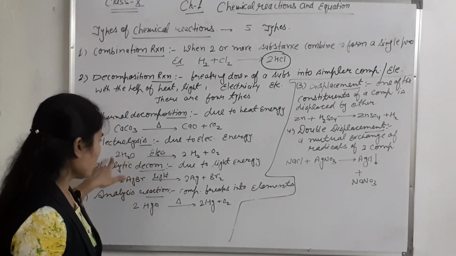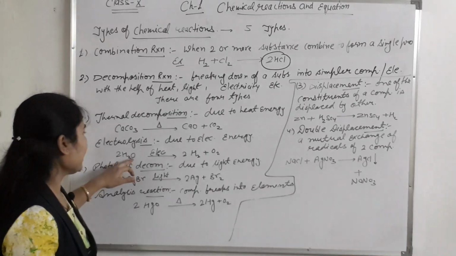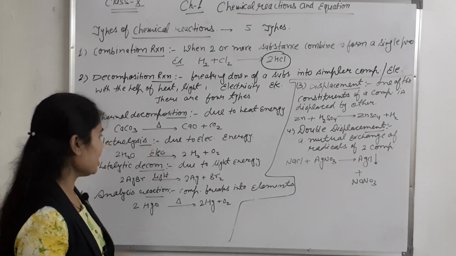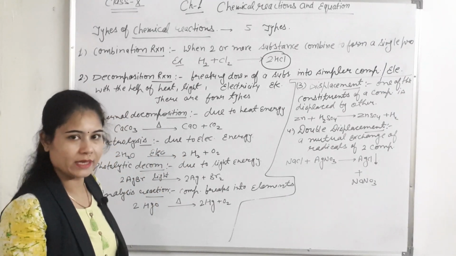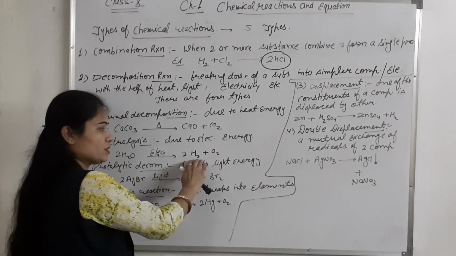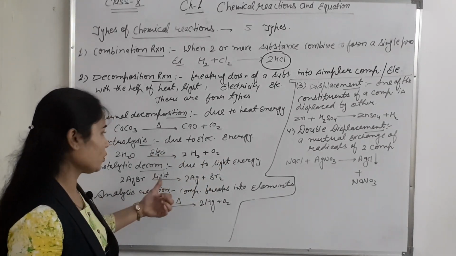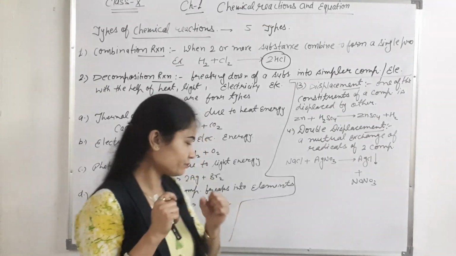So H2O, this one is water. Electrolysis is done by the help of electric energy. We have the process of electrolysis and we convert this water molecule into hydrogen and oxygen. Later on we will discuss electrolysis. This is a most important process for metallurgy.